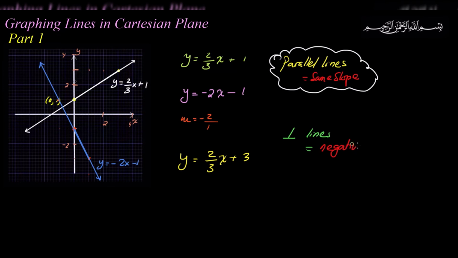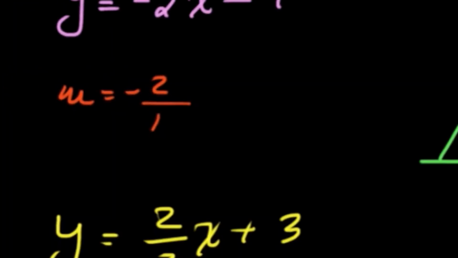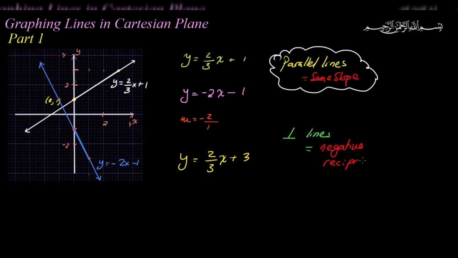First of all, we have to understand what that fancy word means. Their slopes are negative reciprocals, and I have to make sure I spell reciprocal right. What does that mean? Reciprocal is like upside down.